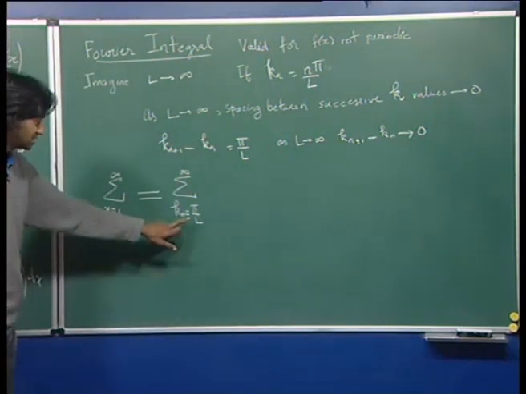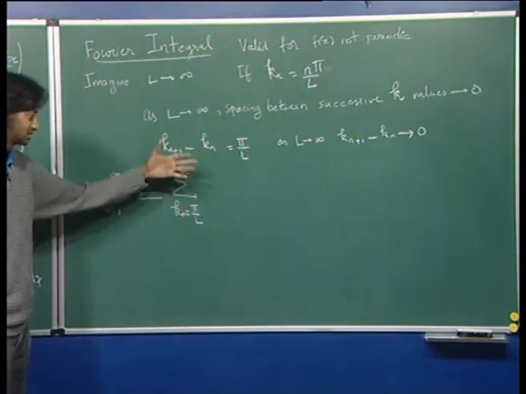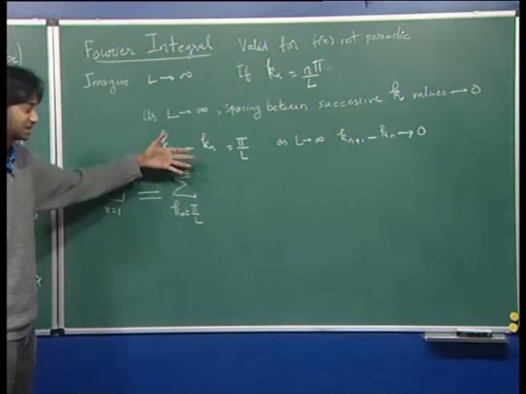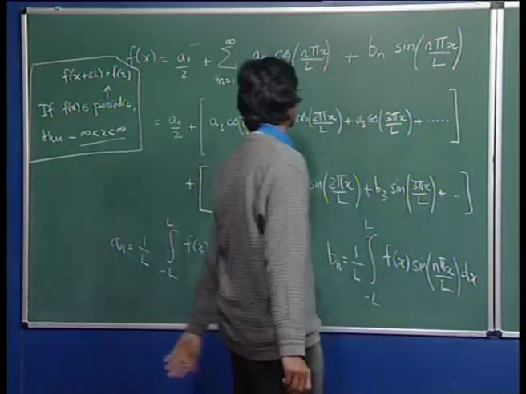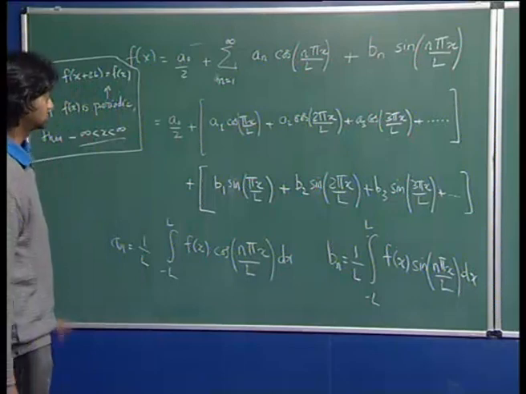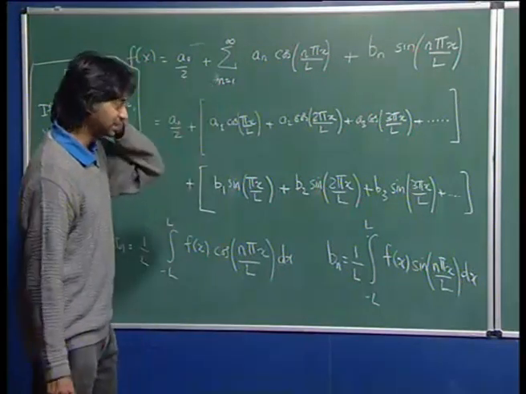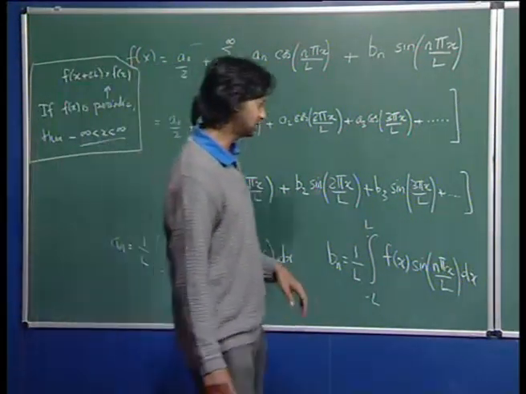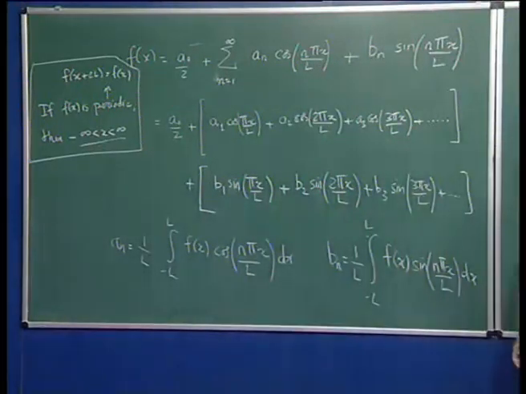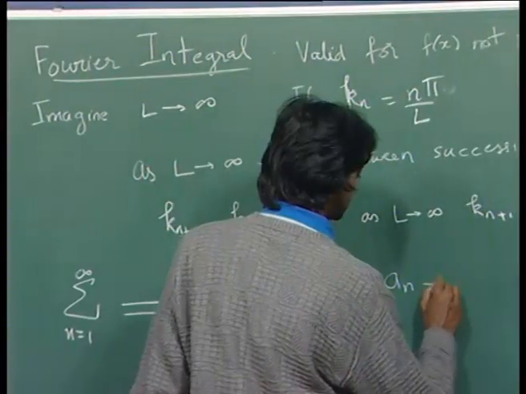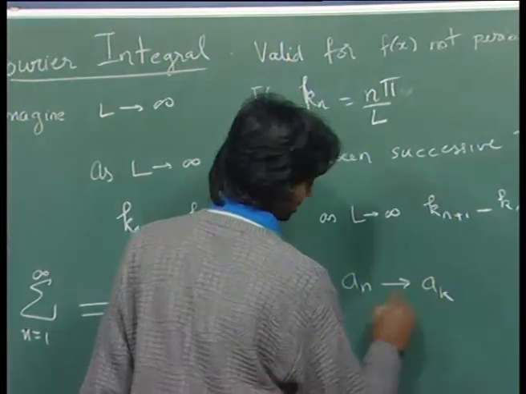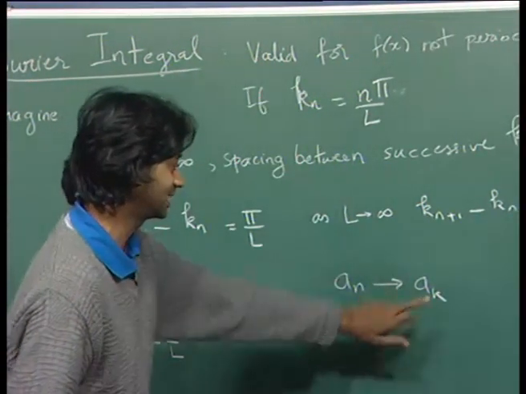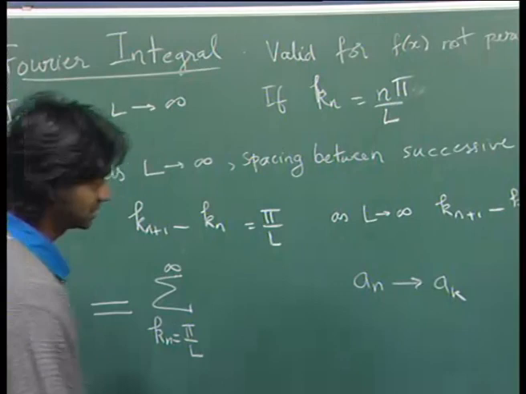So that means it goes from pi over L, then the next term is 2 pi over L, 3 pi over L, and so on, all the way up to infinity. I can write this in this form, and instead of a n, I denote it by a k n.